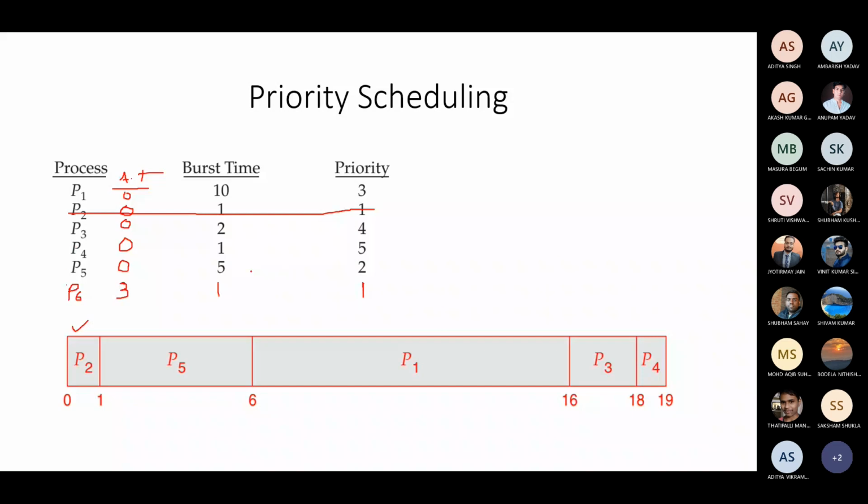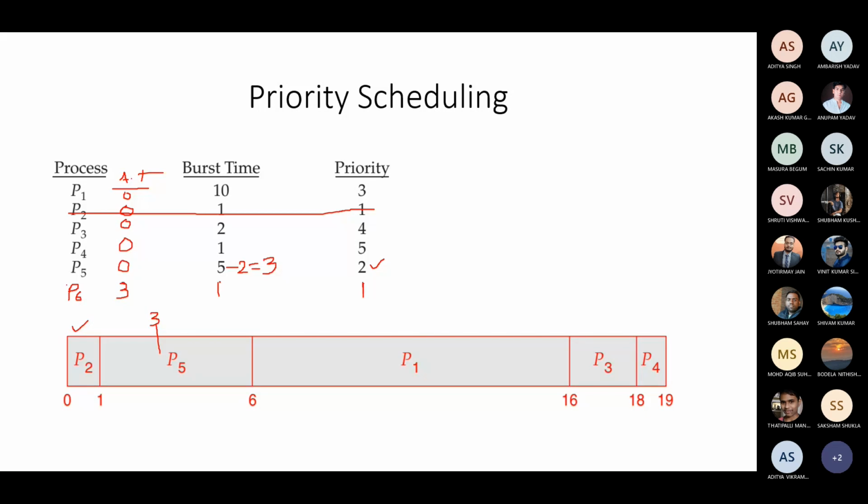P5 will be allocated for 1 millisecond. After that 1 millisecond is finished, so it will come to the third millisecond. So P5 is allocated for only 2 milliseconds, so the remaining time is 3.